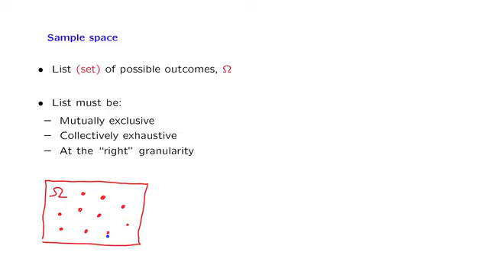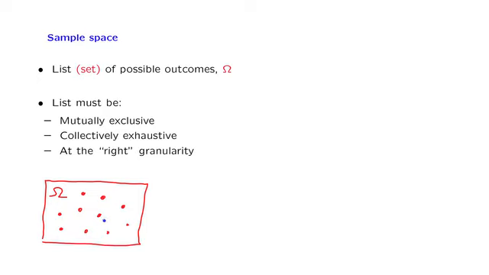At the end of the experiment, there can only be one of the outcomes that has happened. Being collectively exhaustive means something else, that together all these elements of the set exhaust all the possibilities. So no matter what, at the end you will be able to point to one of the outcomes and say that's the one that occurred.